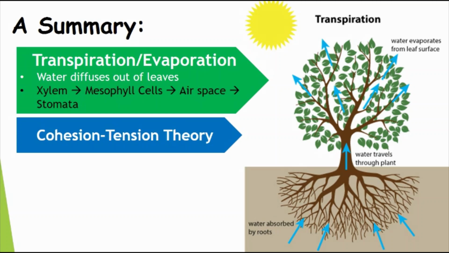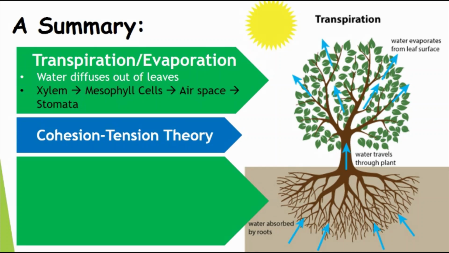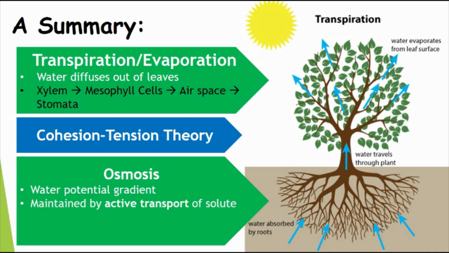We also know about the adhesion between the water molecules and the sides of the xylem vessel. And in the roots, we're continuously drawing up more water because through osmosis there's a water potential gradient established favouring the movement of water into the root cells. And this is maintained by actively transporting different solutes into the root cells from the soil, which then will travel up the xylem into the mesophyll cells.